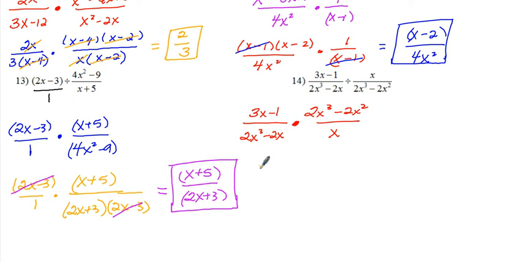Let's factor before we cancel. The 3x minus 1 doesn't get factored, but the bottom here does in fact have a greatest common factor. It's got a GCF, and that GCF is 2x.